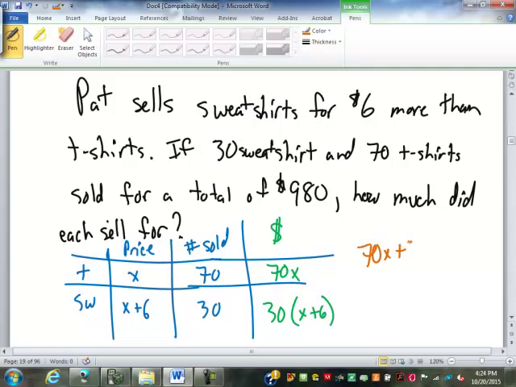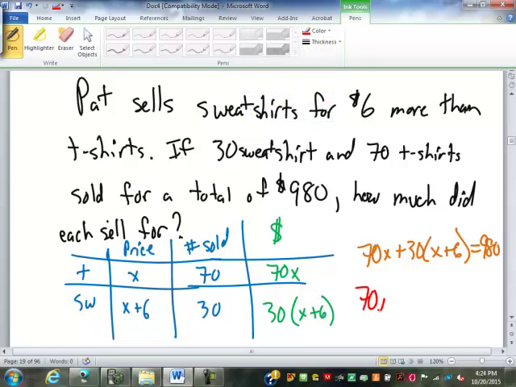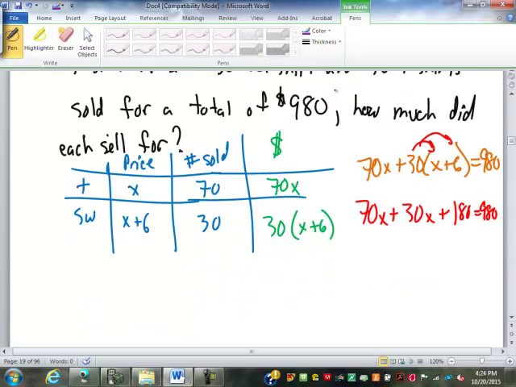So 70x plus 30 times x plus 6 equals 980. So 70x plus, this is going to be 30x, plus 30 times 6 is 180, equals 980. 70x and 30x make 100x, plus 180 equals 980.